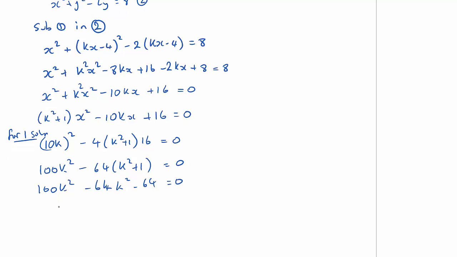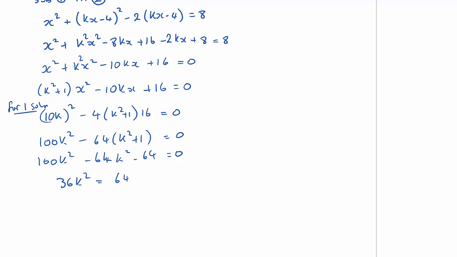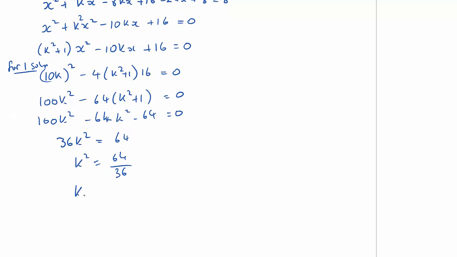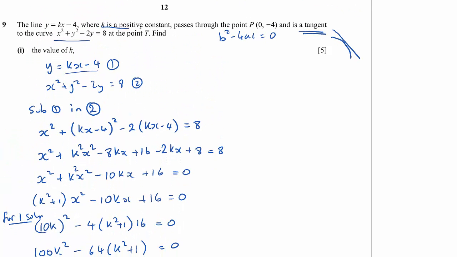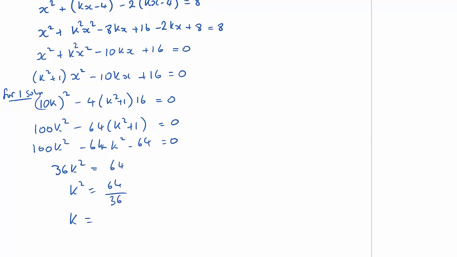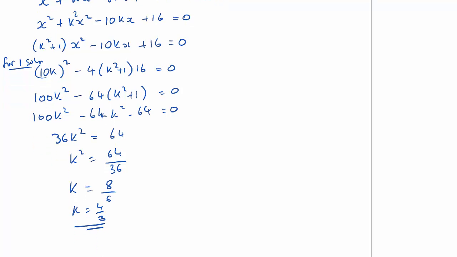So that's going to be 36k squared equals 64. So k squared is going to be 64 over 36. I didn't say, k is a positive constant, so we don't need to worry about the negative of this. So k is going to be 8 over 6. So k is going to be 4 over 3.